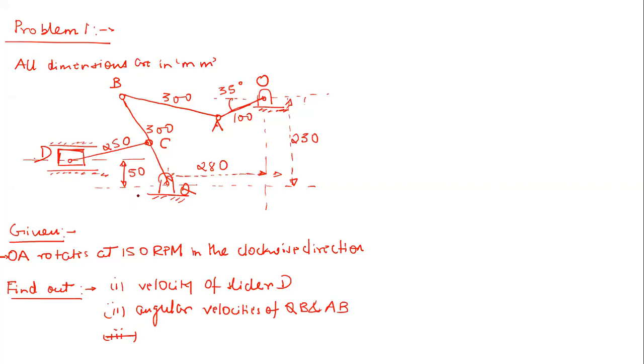Before drawing the velocity diagram of this mechanism, make this very clear in your mind: if you have been given a complex mechanism, the first step is to break down this complex mechanism into simpler mechanisms.